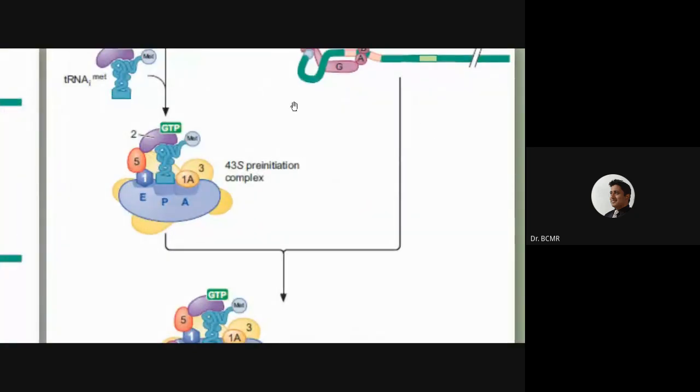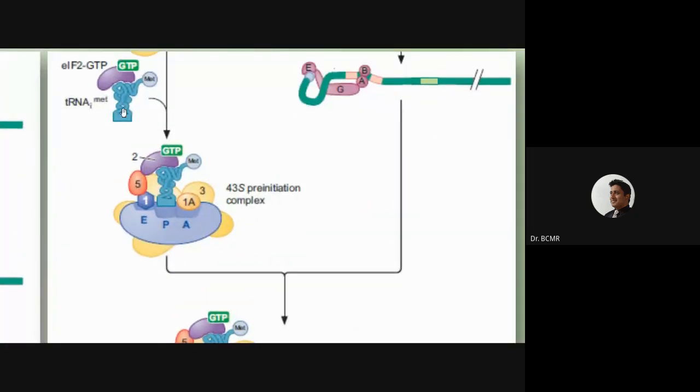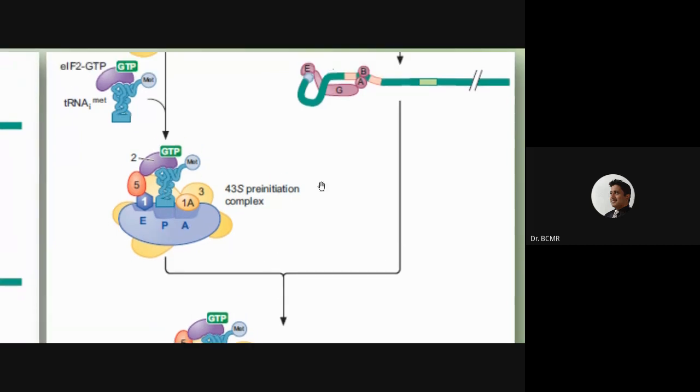Okay, so we have the 43S pre-initiation complex formed here, and then we have the mRNA bound, recognized based on the GCAP. Remember, if this GCAP is not present, then you will not have the binding of E to it, and then this mRNA will never get translated. Instead, it might get degraded by the RNases.